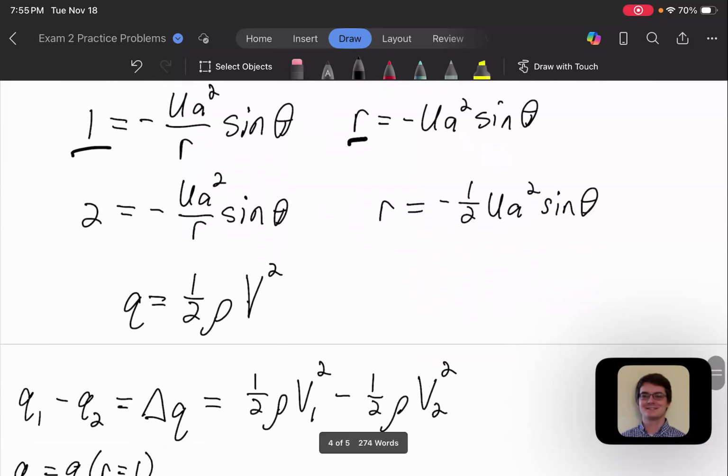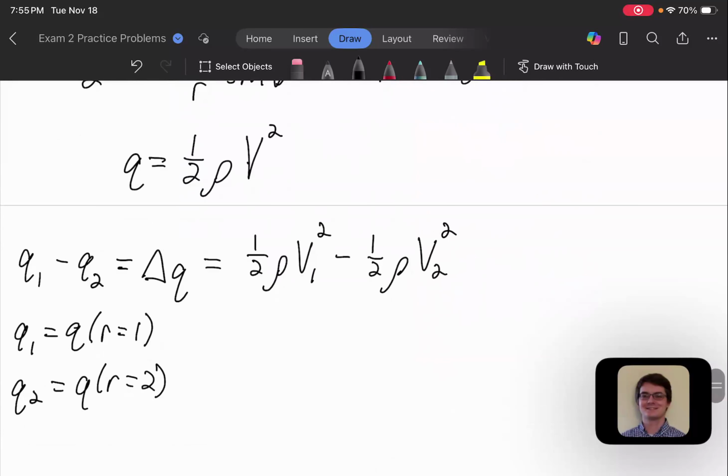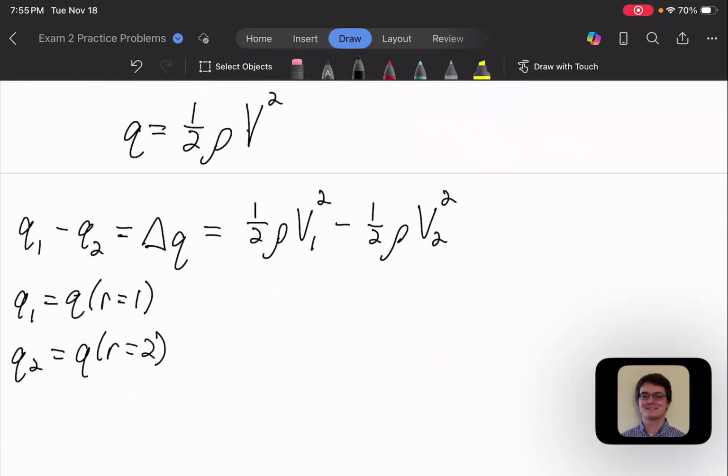So for the radial component, well, actually, I'll back up even from there. I'll just write this for you guys to hurry this along.